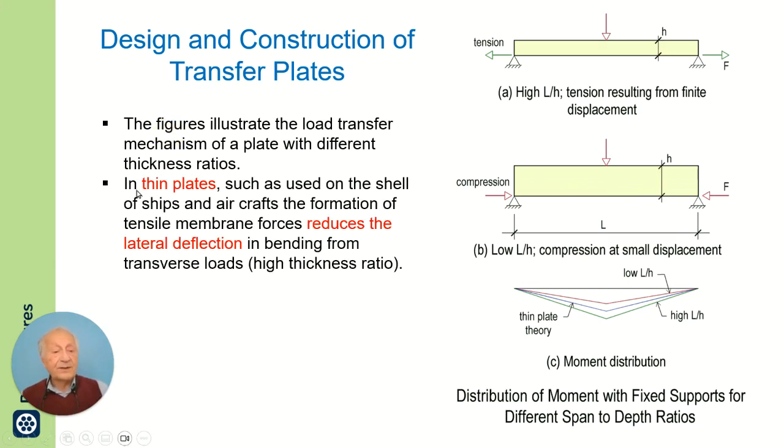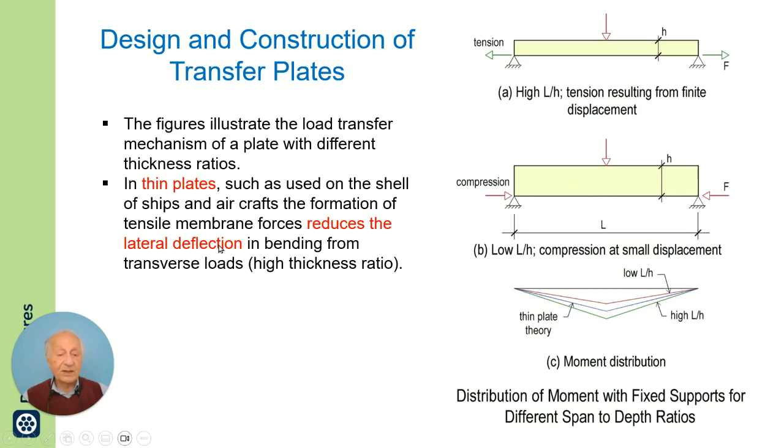In thin plates, such as used in the shell of ships, that is very thin. Very thin. You have a span to thickness which could go to 100 or more, or aircrafts. The formation of tensile membrane forces reduces the lateral deflection.